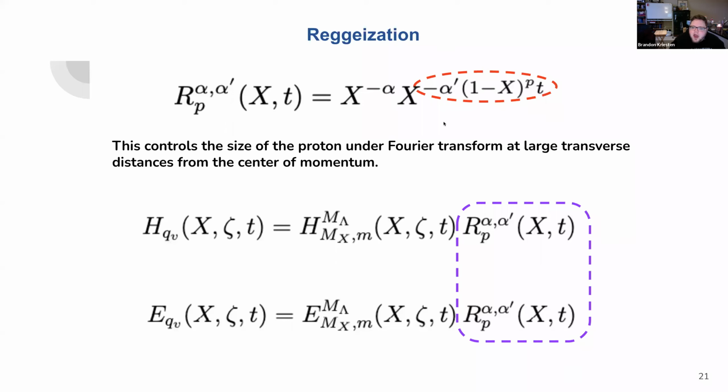And then we also have this extra term, this t-dependent piece that is related to these Regge slopes. And what this does is it allows us to control the size of the proton through Fourier transform at large transverse distances. So this makes sure that our proton isn't constantly increasing or non-zero out at large transverse distances. It gives it a finite size. And our final GPD calculations, for instance, look something like this.